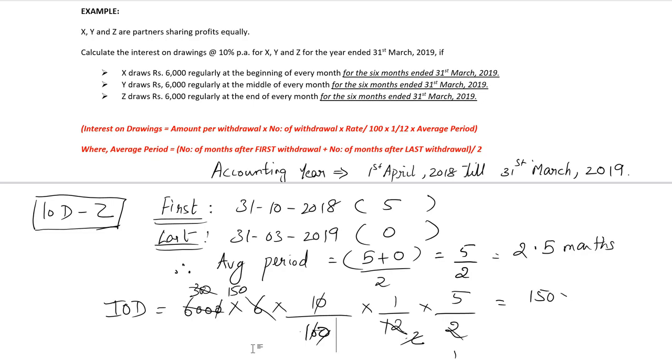Answer for interest on drawings is 150 into 5, which is equal to 750 rupees interest on drawings. So we've done 2 sums to demonstrate the difference between drawings made in the first 6 months of the year and drawings made in the last 6 months of the accounting period.